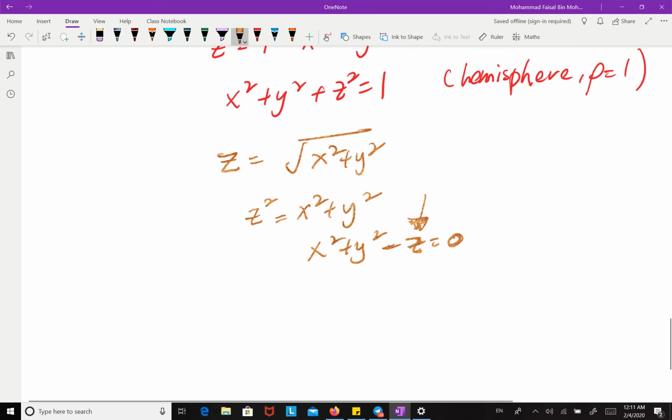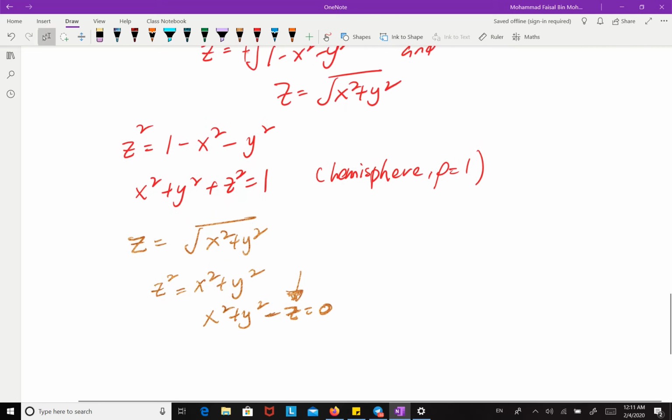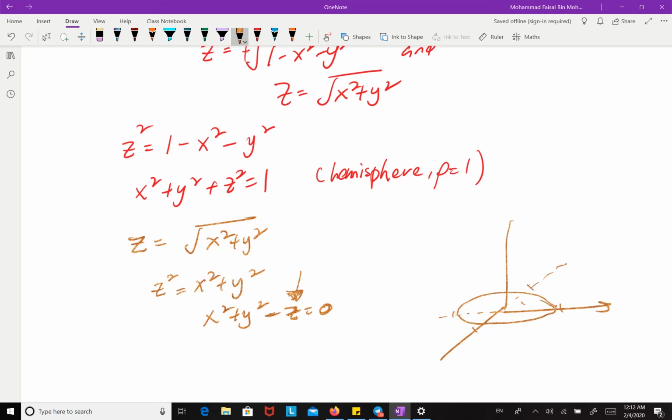So if you draw it in 3D, let me draw the hemisphere first, which is radius 1.